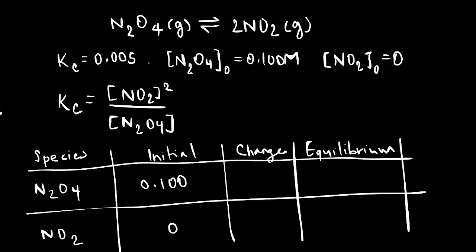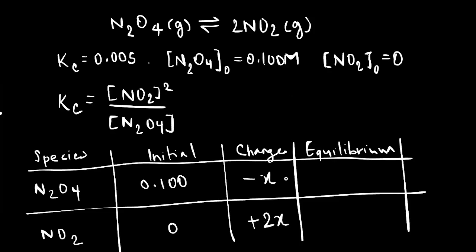Because at equilibrium, what's happening is we're trying to find the concentrations of our 2 species, our reactants and our products. And the thing with these type of reversible reactions is, in order to produce any product, that is resulting from loss of our reactants. So what that means is, for every 1 unit of our N2O4, we can produce 2 units of our product, NO2.